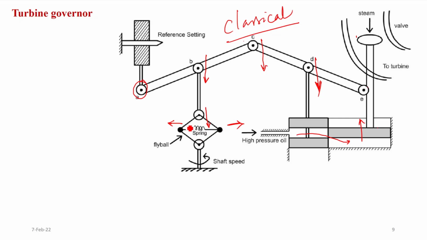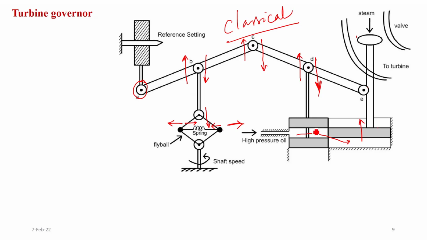These flywheels will move closer to each other, right? So as they move closer to each other, your point B will move upward. And this is a continuous phenomenon. We can see, right? As point B moves upward, point C will also move upward, and hence point D also will move upward.